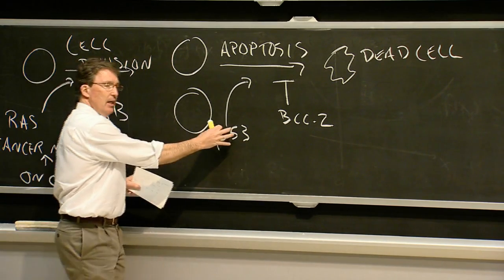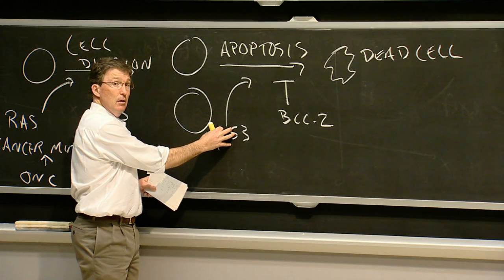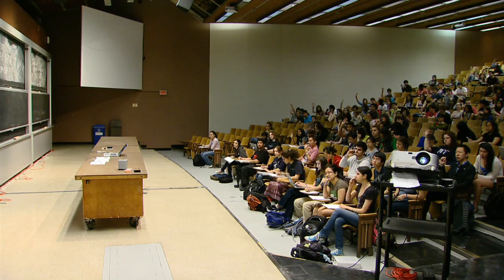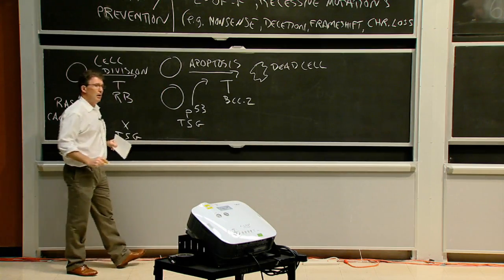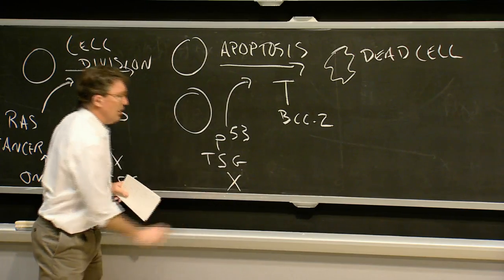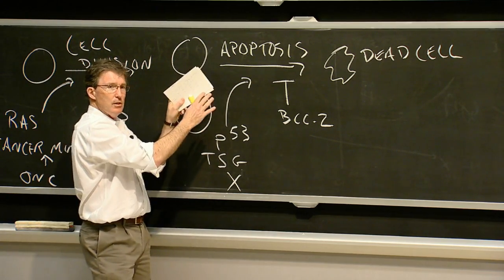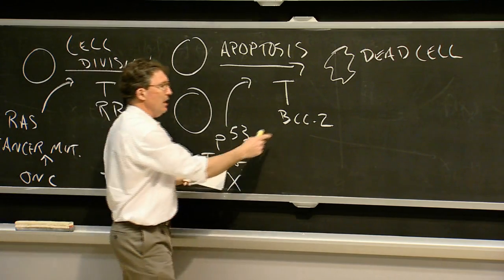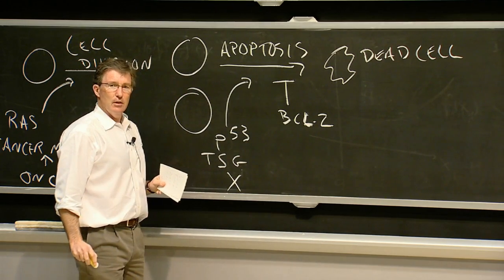Is p53 an oncogene or a tumor suppressor gene? Oncogene, tumor suppressor gene. Good. p53 is a very important tumor suppressor gene. It is inactivated in the context of cancer because you want to get rid of apoptosis as you're a developing cancer cell. Is BCL2 an oncogene or a tumor suppressor gene?